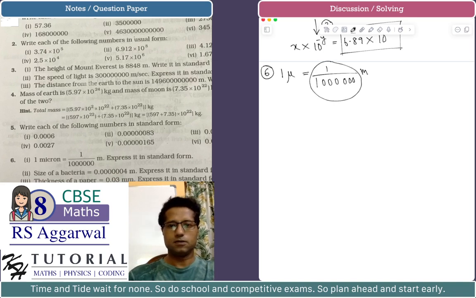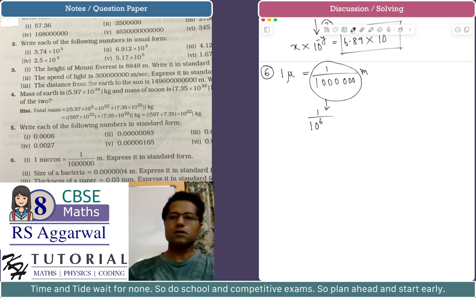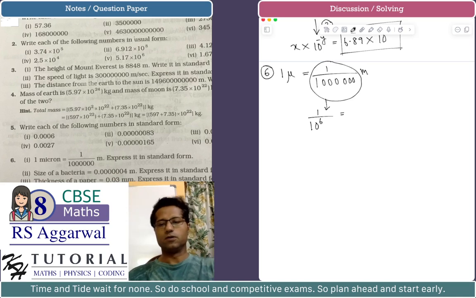Now what is this? This is equal to 1 by 10 to the power 6 because there are 6 zeros after 1 in the denominator. We know from the laws of exponents, it is a reciprocal of 10 to the power 6. So this we can write as 10 to the power minus 6.